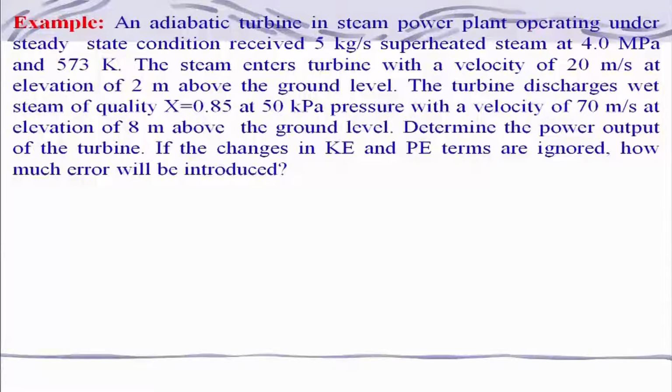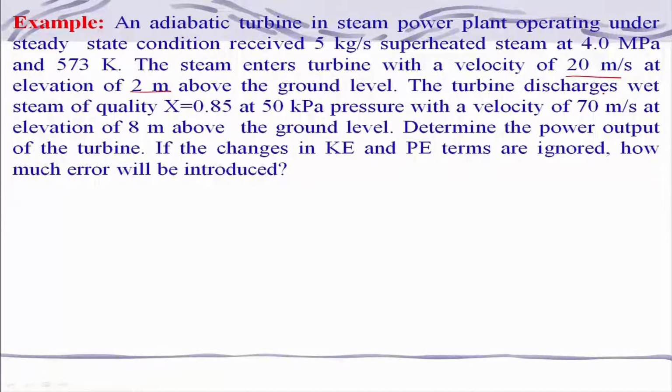Let us take an example. An adiabatic turbine in a steam power plant operating under steady state condition receives 5 kg per second superheated steam at 4 megapascal pressure and 573 Kelvin temperature, and the steam enters the turbine with a velocity of 20 meter per second, which is very low, at an elevation of 2 meter above the ground level.